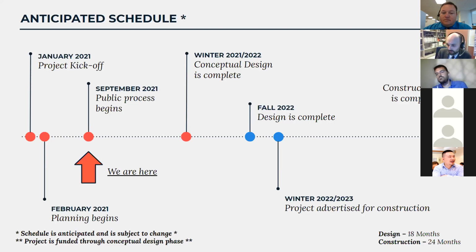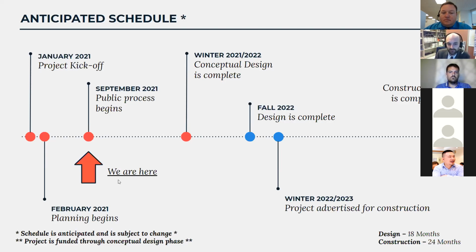We've done a lot of work to consider the feasibility of the options that we're putting forward, but there's still a lot of details to refine in the design, both through more detailed engineering and through continued community engagement to make sure that we're getting things right with the design.